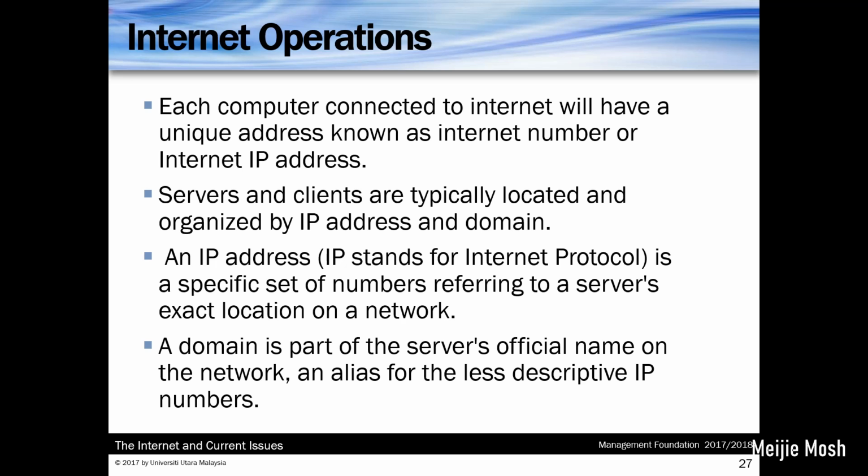An IP address is a specific set of numbers referring to a server's exact location on a network. A domain is part of the server's official name on the network, which is an alias for the less descriptive IP numbers.